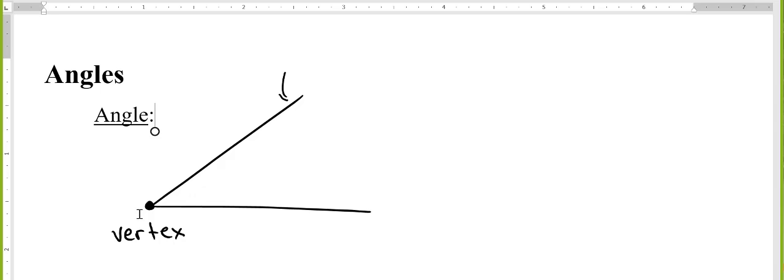So this is called a side, and this is called a side. And on the video that you watched, it had two more points, one on each side: maybe point A, the vertex point B, and this point, point C.